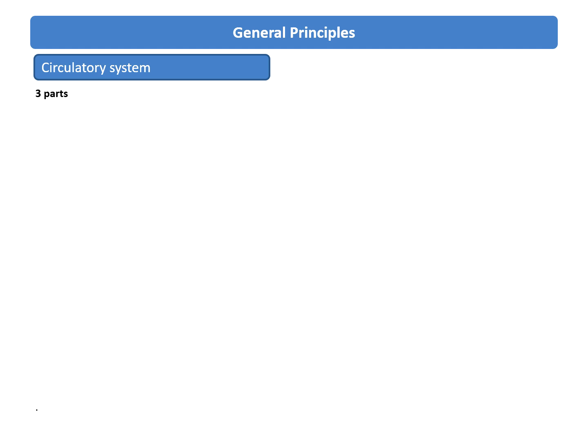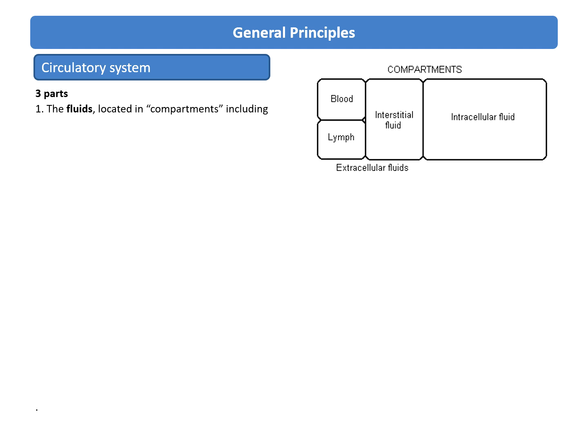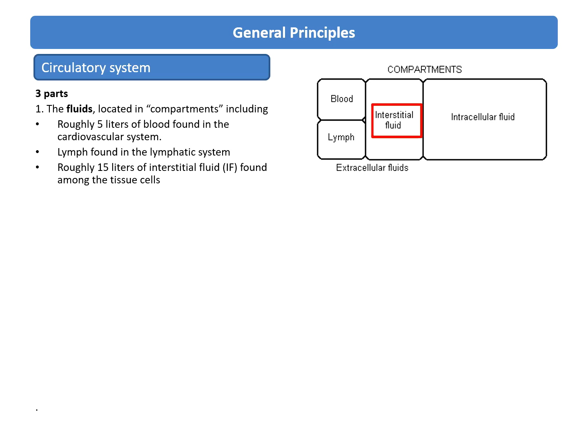Under Part A, General Principles of the Circulatory System, there are three parts to the circulatory system. One, the fluids. These are located in compartments, including the blood in the cardiovascular system, lymph in the lymphatic system, and interstitial fluid found among the tissue cells.